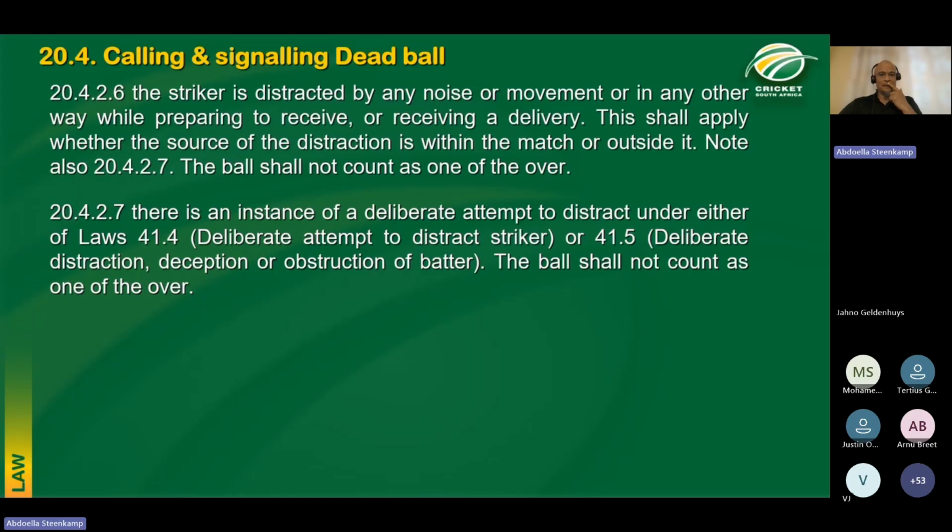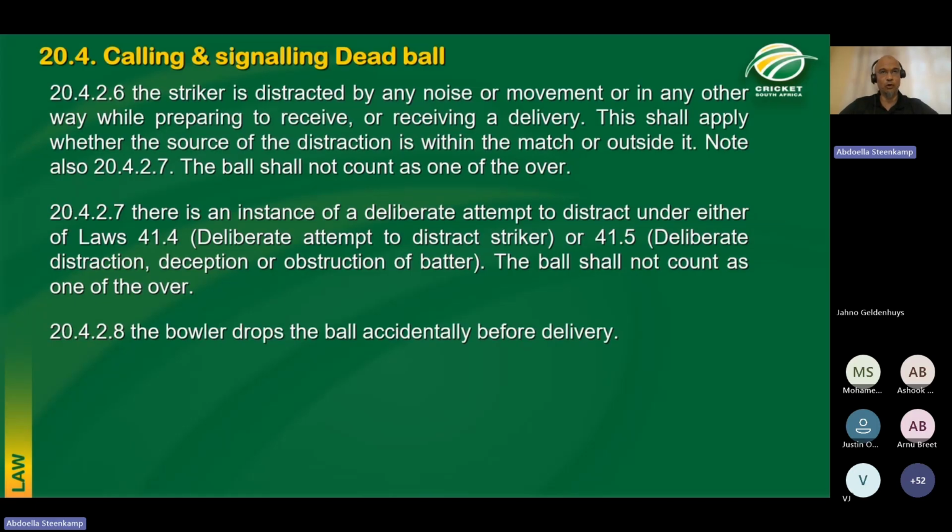Under Law 41, there are two subsections there. If there's a deliberate attempt to distract the striker, or if there was a deliberate distraction, deception, or obstruction of the batter, if any of these two subsections happens under Law 41, you, the umpires, need to intervene by calling and signaling dead ball.